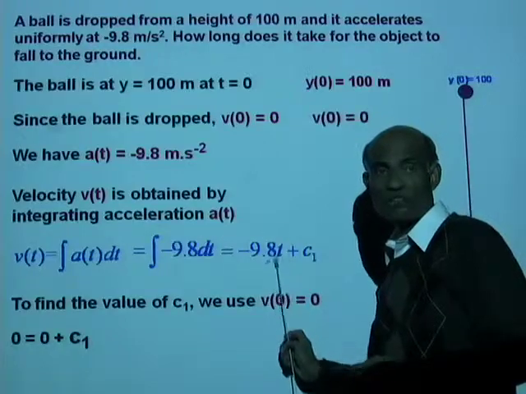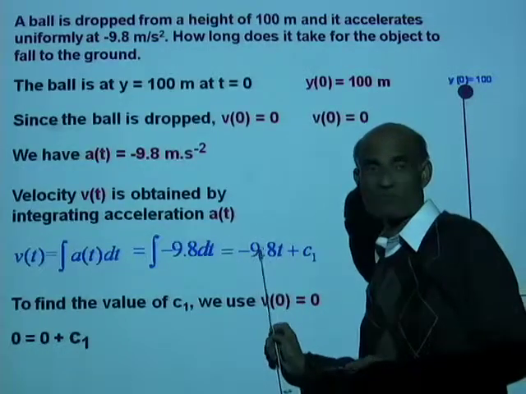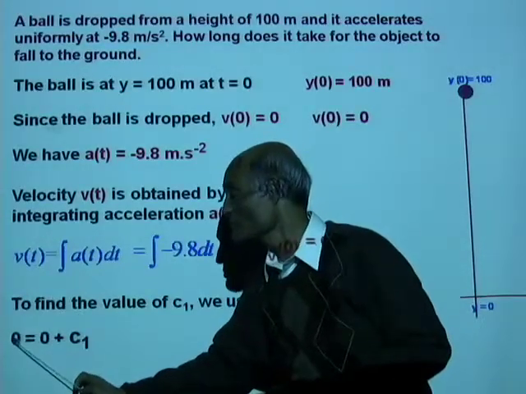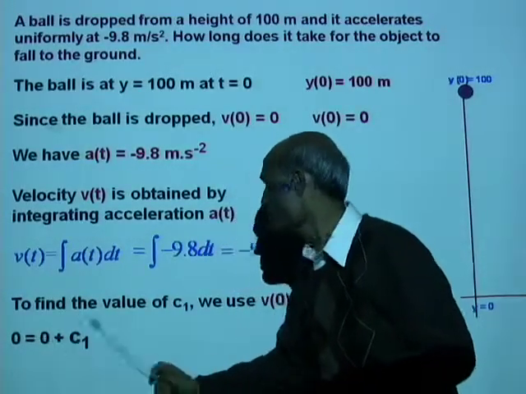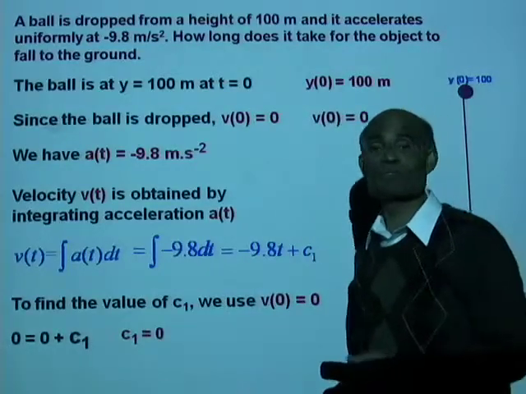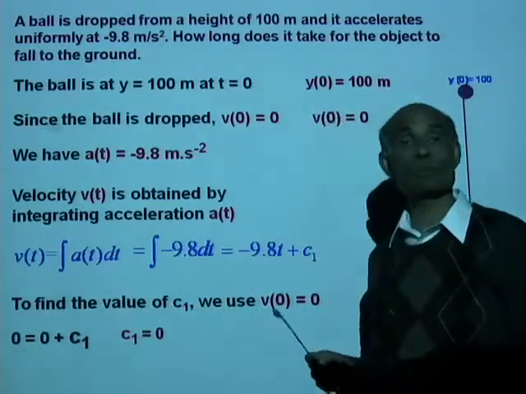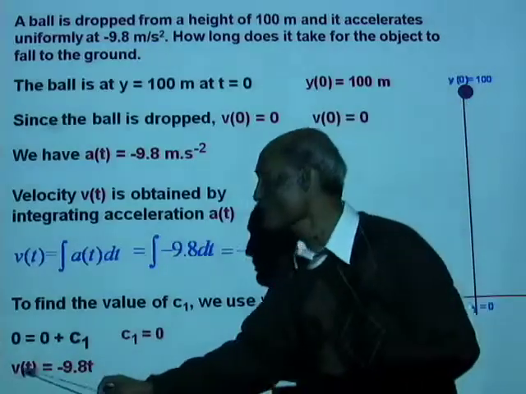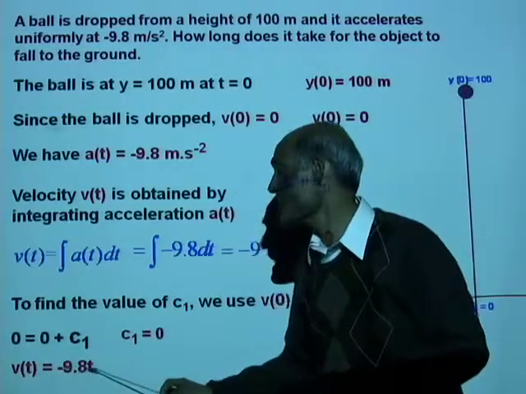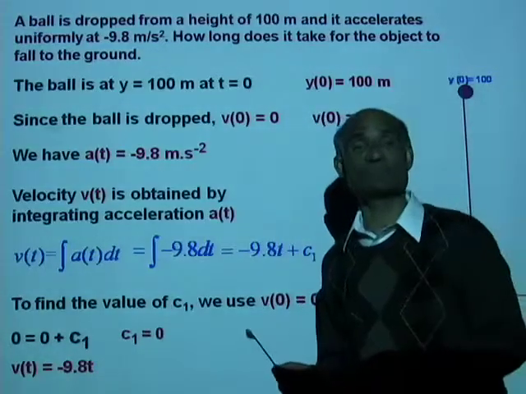When you replace this t by 0, this will become 0. And at that time, the value of velocity is 0. That's why it becomes 0 equal to 0 plus C1. And what is therefore the value of C1? C1 is 0. So our velocity function is now V of t is negative 9.8 t.